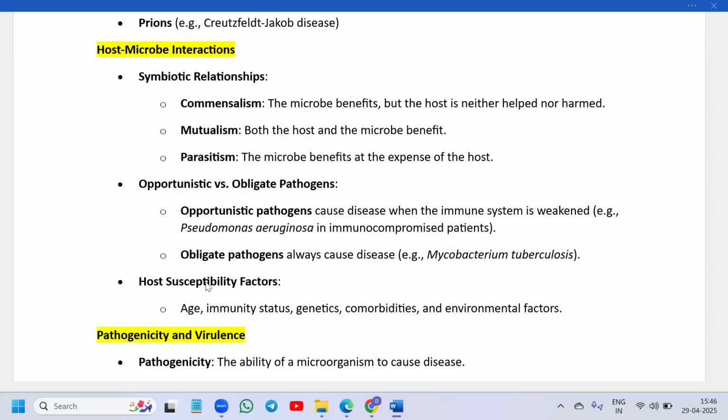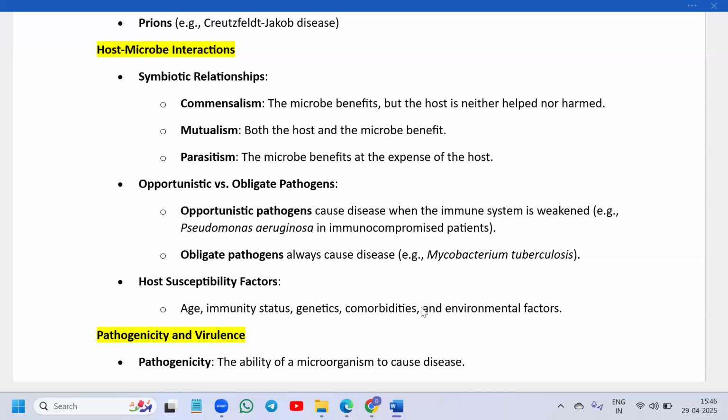Next is host susceptibility factors like your age. So newborns or the elderly are more susceptible to infections. Reduced immune status, they are more prone to infections. Genetics, in certain genetic factors, there will be an immunocompromised state, so in those cases they will be more prone to infections.